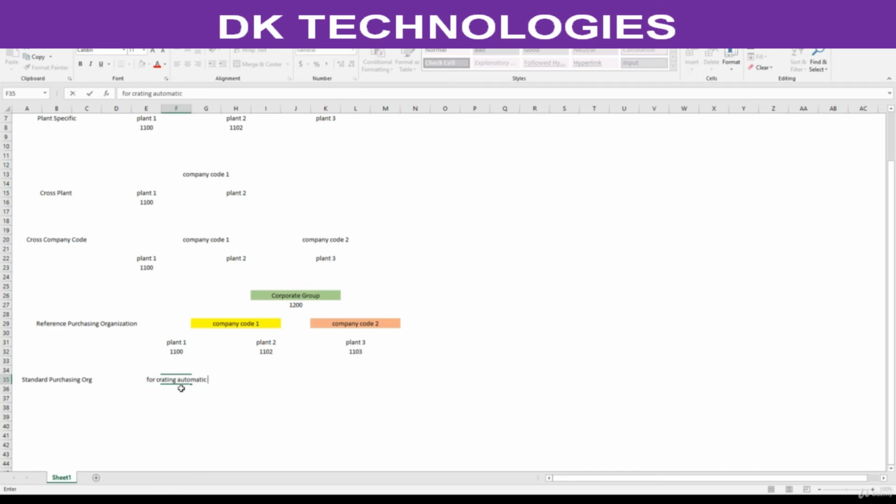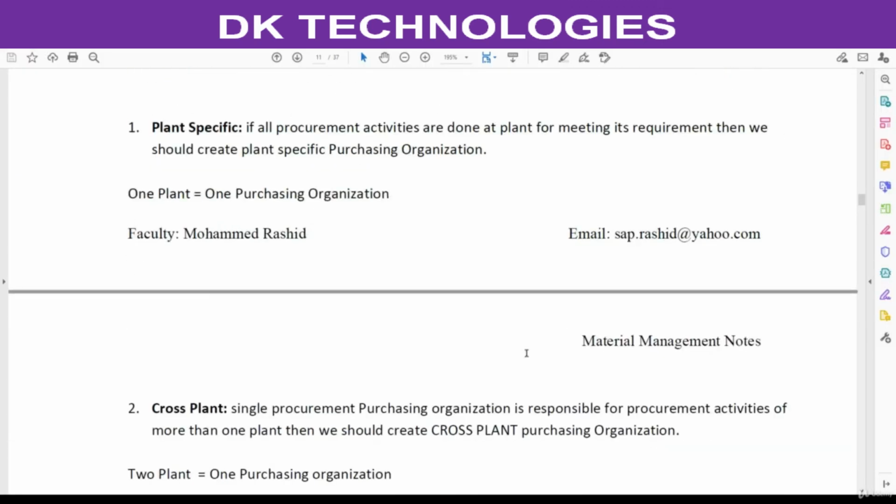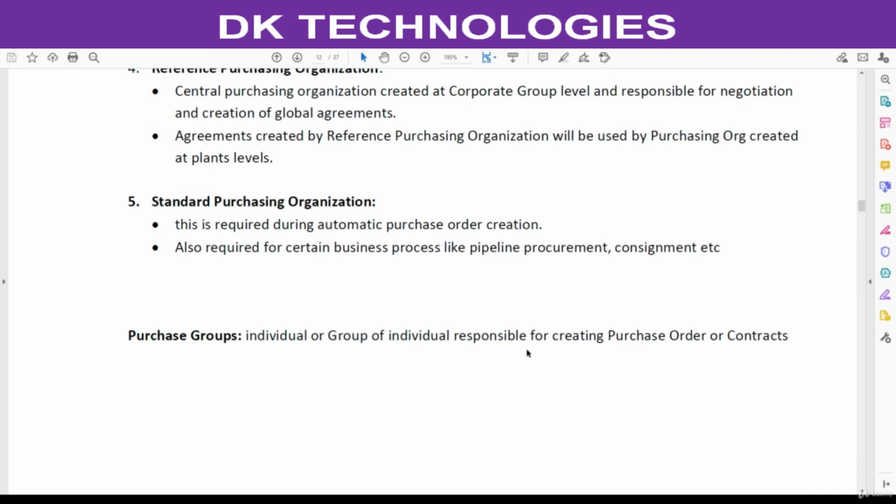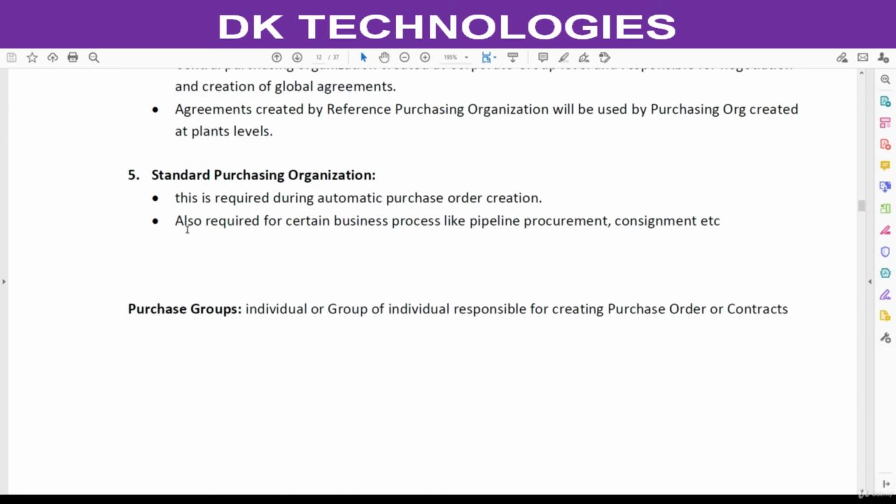During automatic PO creation, we need a standard purchasing organization. And there are other business processes like consignment. Here I mentioned all the theory. Also required for certain business processes like pipeline, procurement and consignment. So that is the reason you need to create a standard purchasing organization.